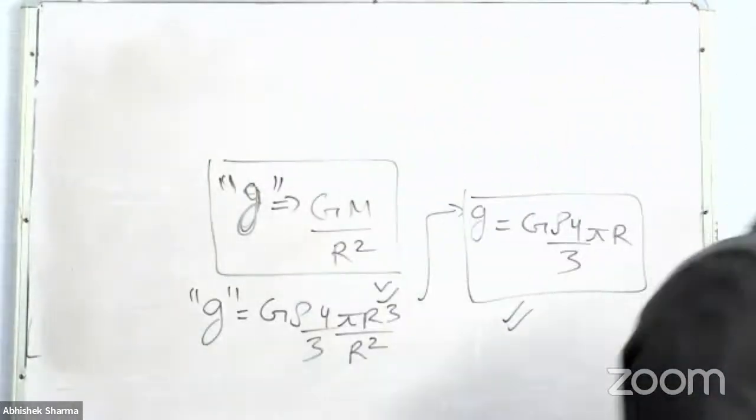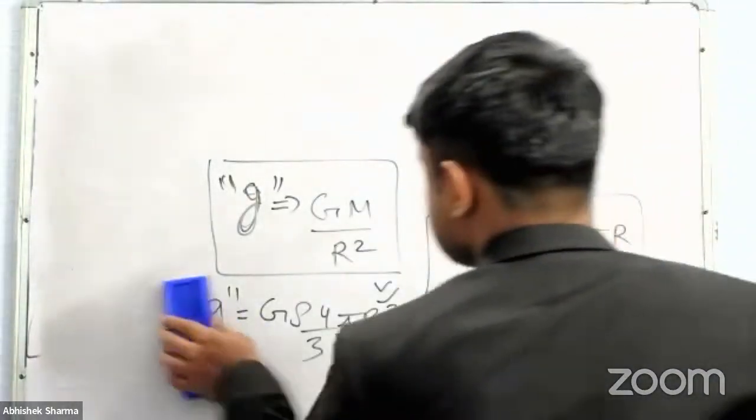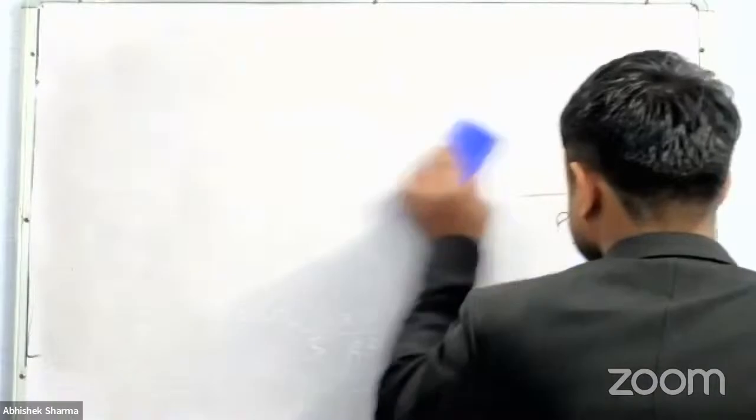Now we'll discuss some major important things. Let's check it out. g, which has the ideal value of 9.8 or 10 meter per second square, what do you think, is it the same everywhere? Yes, of course, it's the same everywhere, but only for a particular range.